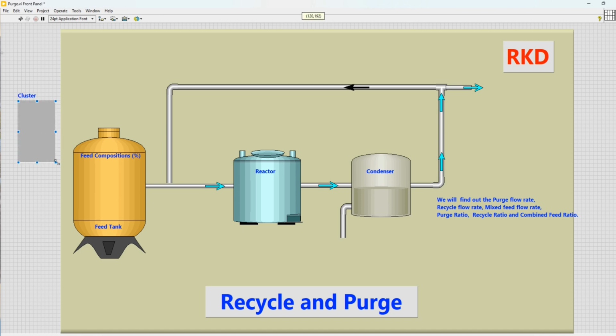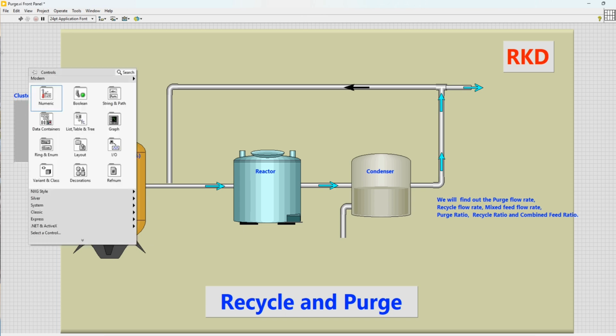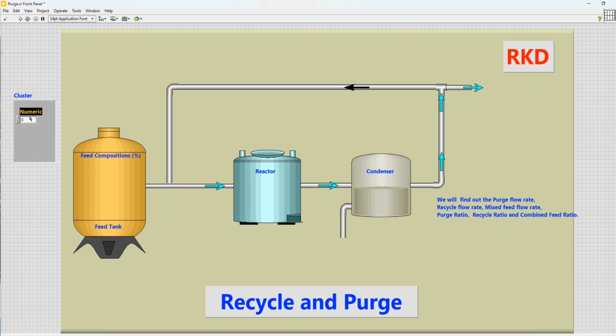Whatever the minimum requirements of this problem are, we will give here. So this is your feed composition. What is the feed composition we have? Suppose I take CO, hydrogen, and next I'm taking inert.